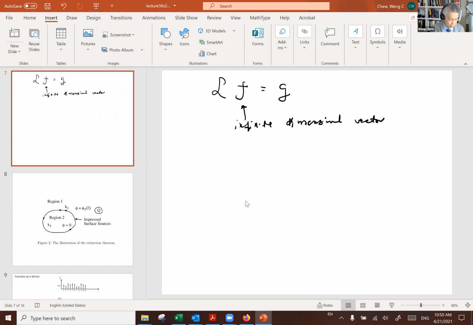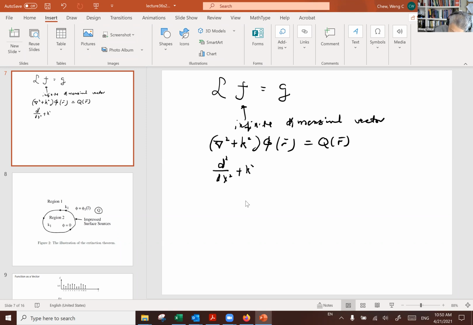We take a very simple example that we have these equations over here. This is a scalar wave equation. In one dimension, it will be very simple. It might be something like d squared dx squared plus k squared times phi of x is equal to q of x.